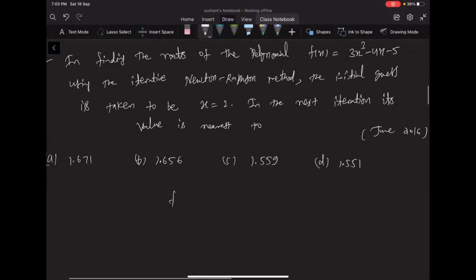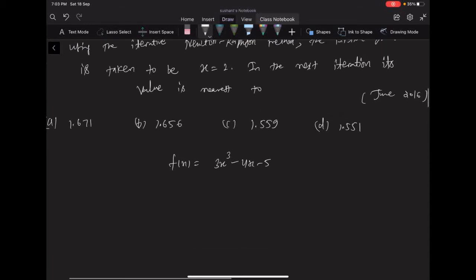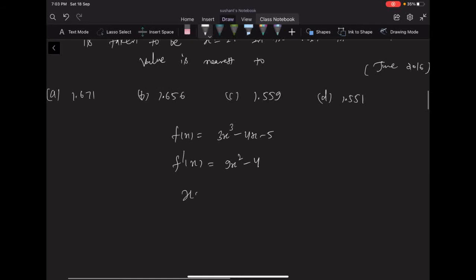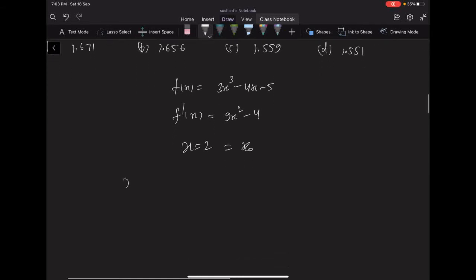So here f(x) is given as 3x cube minus 4x minus 5. So f'(x) is 9x square minus 4. And the initial guess is given as x equals 2, which is x0. And the formula of x1 is x0 minus f(x0) upon f'(x0).